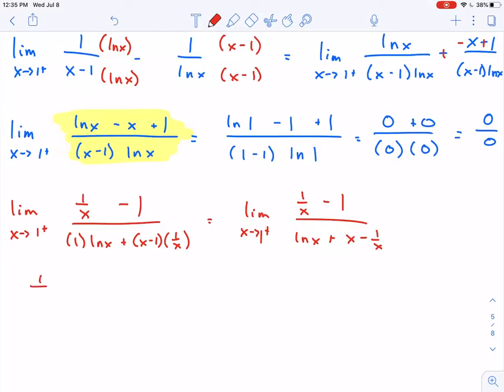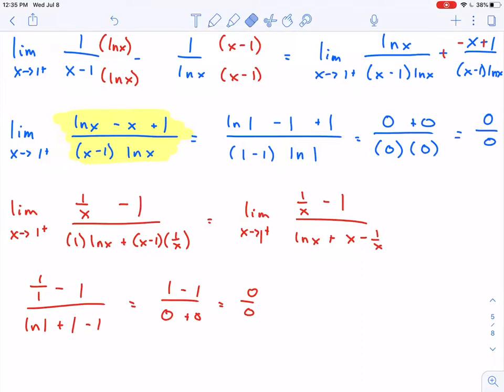So I should have 1 over 1 minus 1, natural log of 1 plus 1 minus 1, 1 minus 1, all over 0 plus 0. Oh boy, 0 over 0. So this is no good. We end up with 0 over 0 once again. So let's try L'Hopital's rule again.